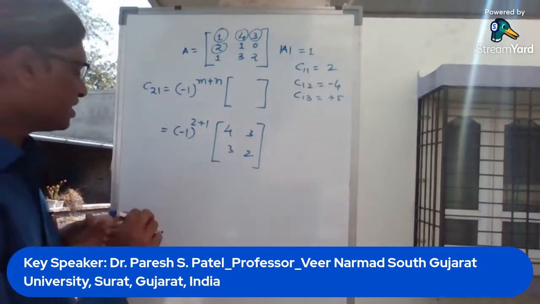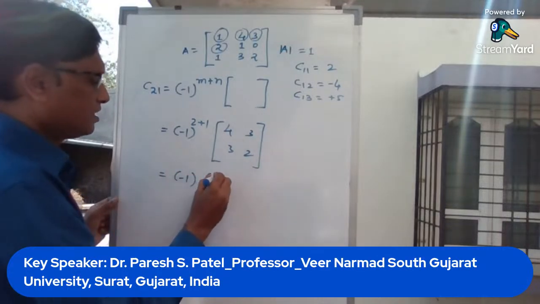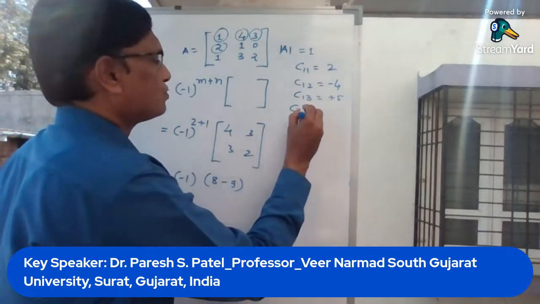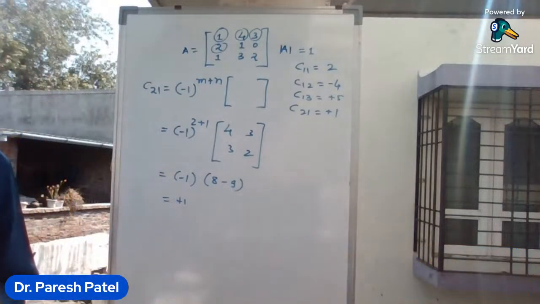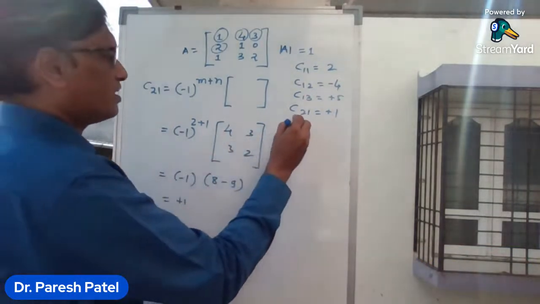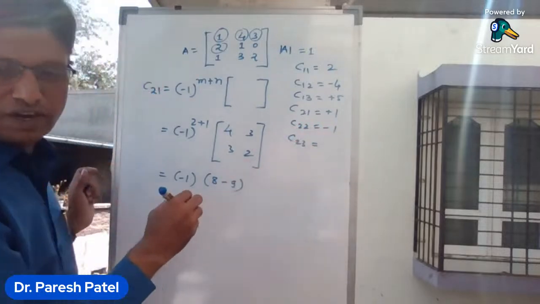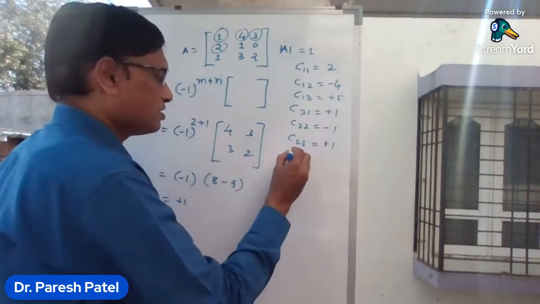Minus 1 raised to 3 means minus 1, which gives plus 1. So the value of C21 is equal to plus 1. Similarly, for C22, the value is equal to minus 1, and for C23, the value is plus 1.